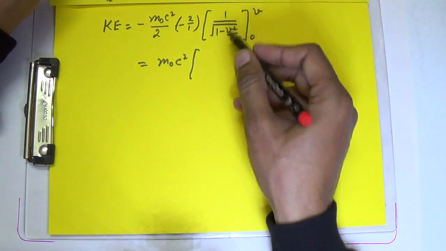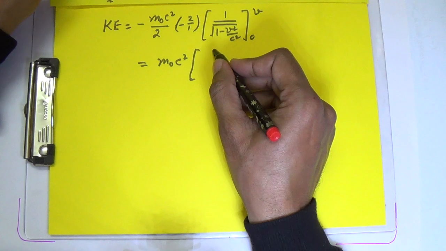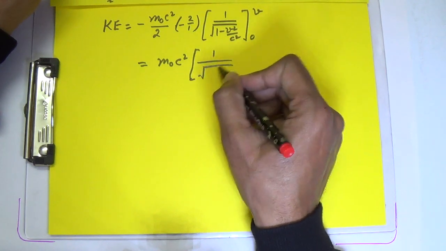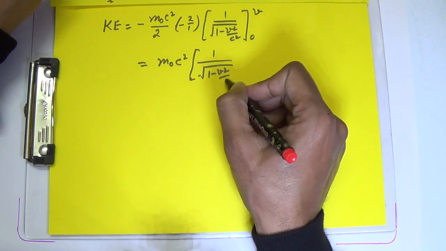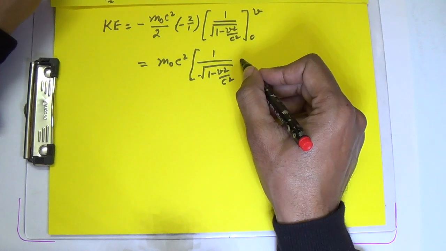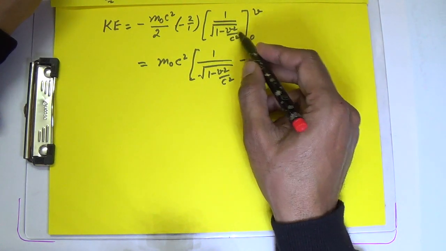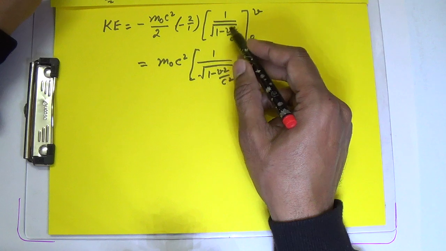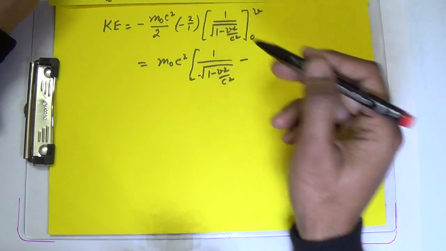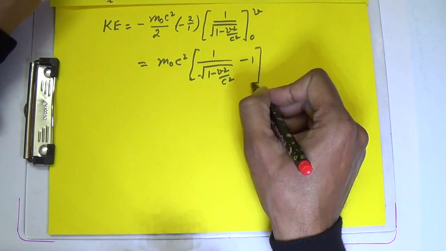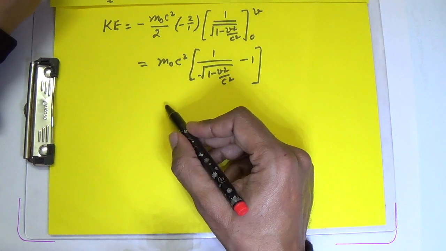Now I put the value v: one is square root of 1 minus v square upon c square, and minus, v is equal to 0, and this is 0, so this is 1 minus 1.